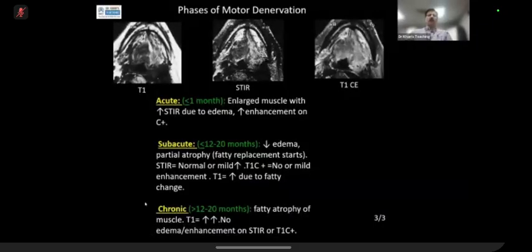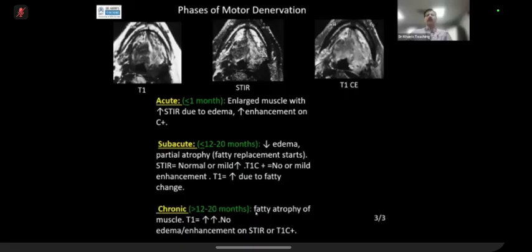Now, this is the concept. You can divide the effects of denervation into acute, subacute, and chronic stages. The definition of acute is less than 1 month. Subacute is, should I say, 1 to 20 months, and chronic is more than 20 months.